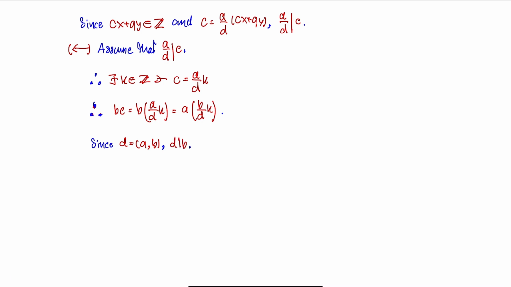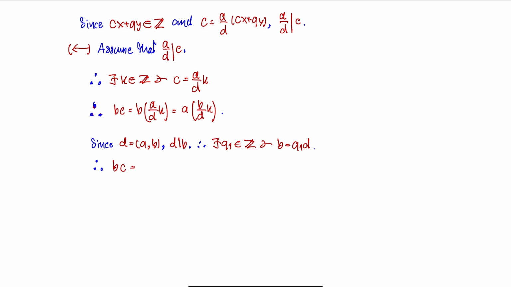Once d divides b, we have an integer, let's say q1, such that b equals q1 d.